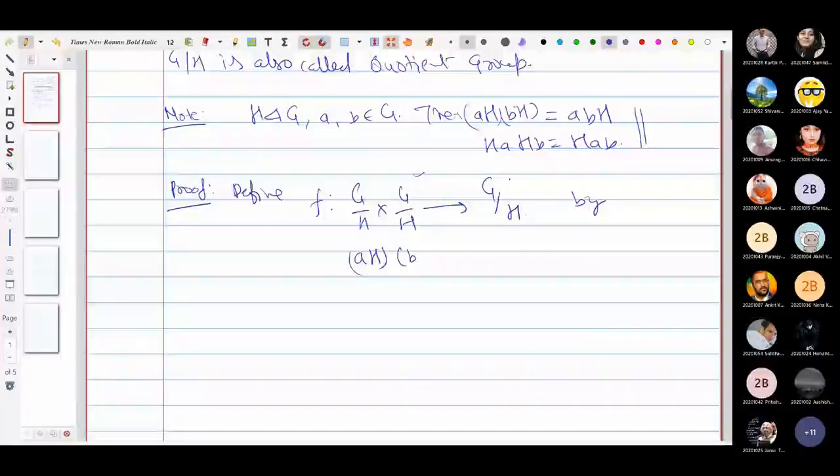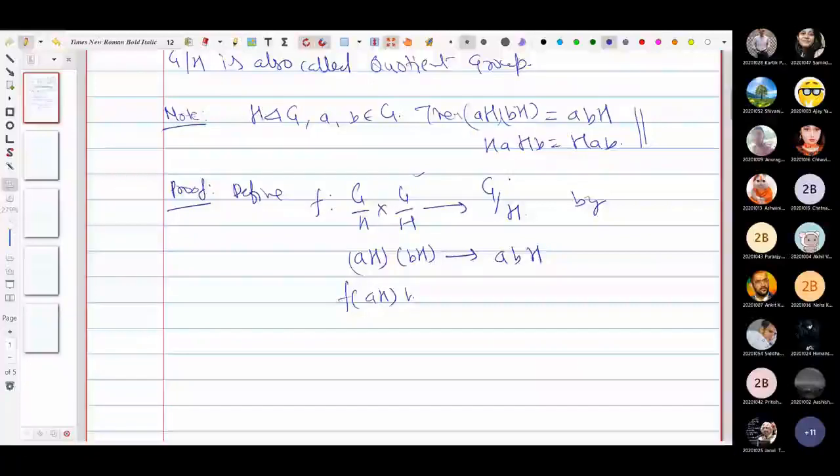So this is the operation we have been given. Or else you can write it like this: AH times BH equals ABH. Both are the same. Then f, that is the operation, is well defined.